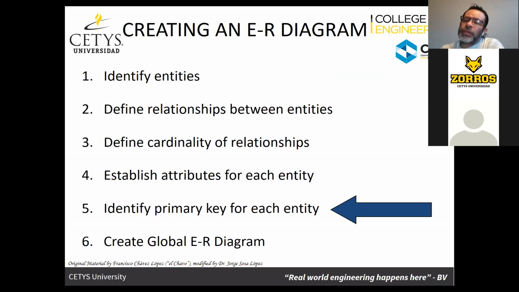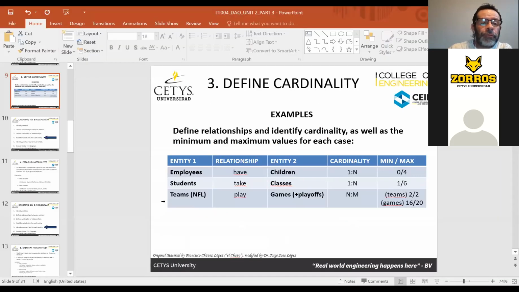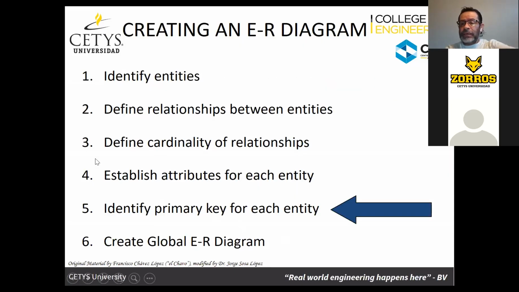Once we define the attributes, and this is something we had not discussed in more detail, once we establish the attributes for each entity, we need to identify what's called the primary key for the entity. Okay, what is the primary key?